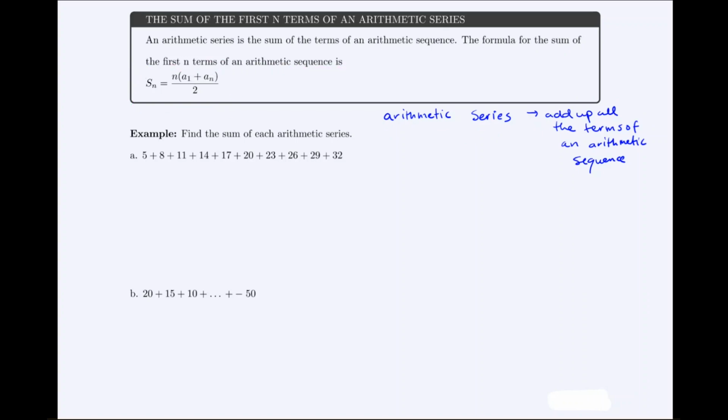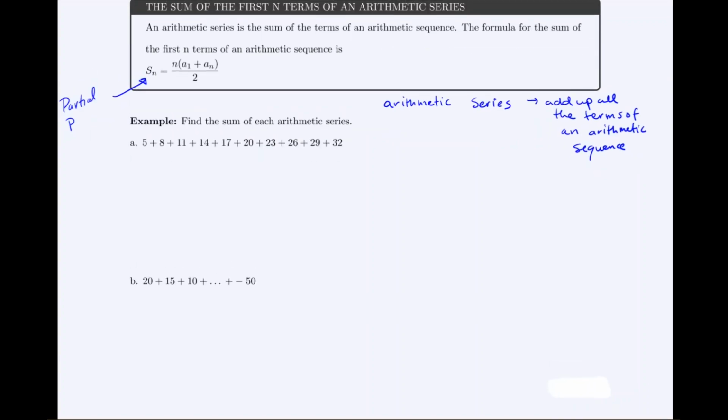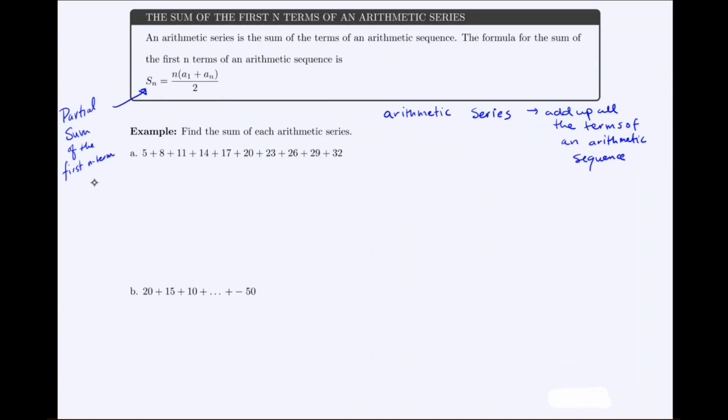Now, generally, this capital S subscript n is the partial sum, and the reason we call it a partial sum is we're only summing up the first n terms. Now, for an arithmetic sequence, this is not for anything, only for arithmetic sequences. It is the number of terms you're summing up, n, times the first term plus the a sub n term, all divided by 2.